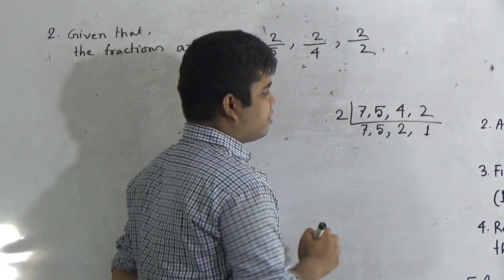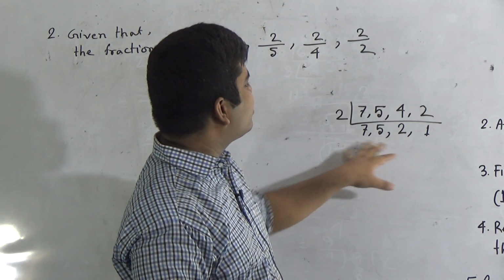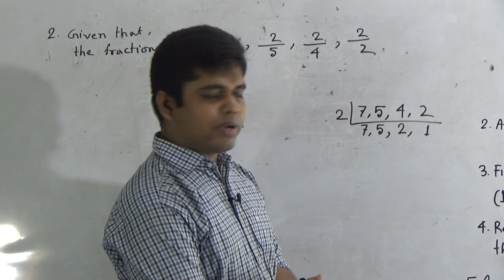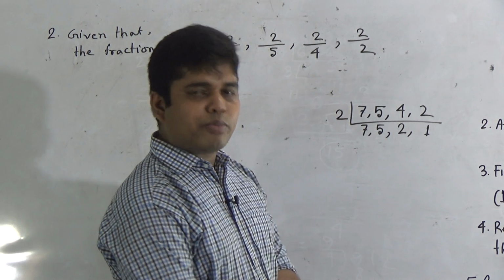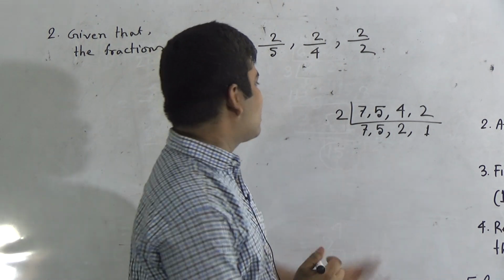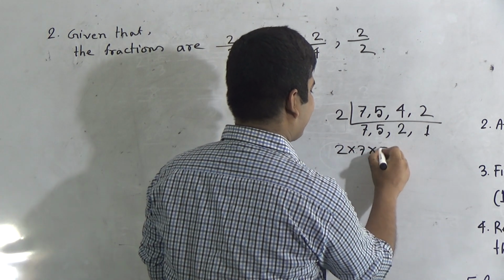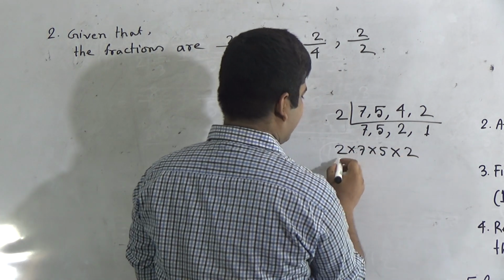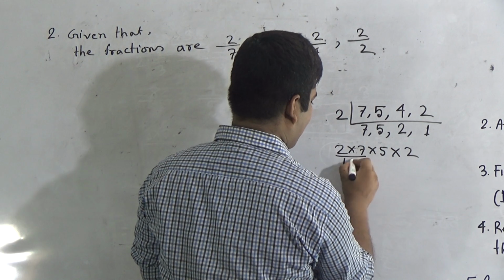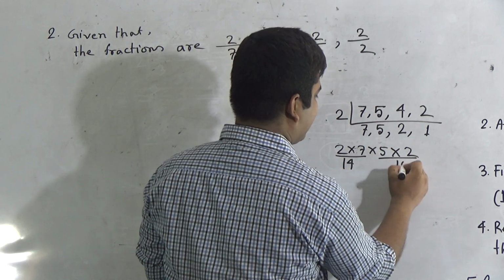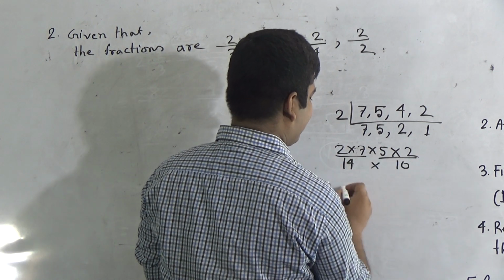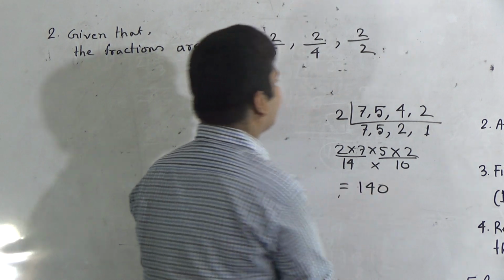Here you notice 7, 5, 2 are prime numbers, so they are not divided by any prime number. So we multiply these numbers and we get the LCM. 2 multiply 7 multiply 5 multiply 2. So 7 2s are 14, 5 2s are 10. If we multiply this 14 with 10, then we get 140.